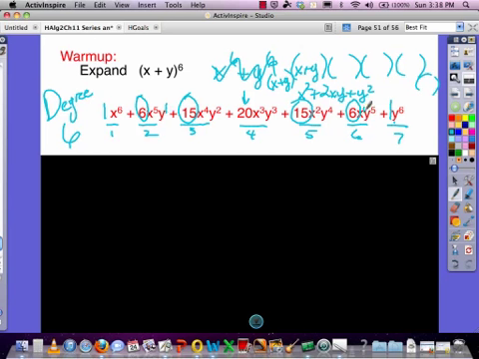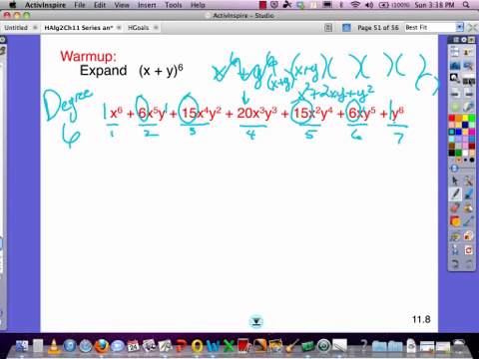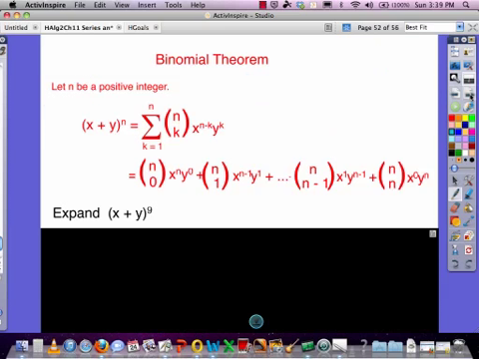So that's interesting. 7 terms, all of degree 6, with coefficients that match a row of Pascal's triangle. So if you got all that, we should be able to move on and relate. Instead of doing all that multiplying, we can expand much quicker using Pascal's triangle. You got it. So here we go.